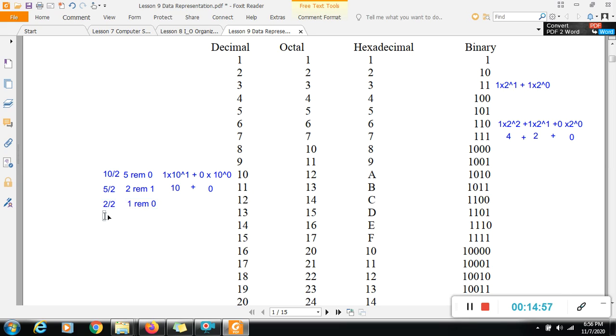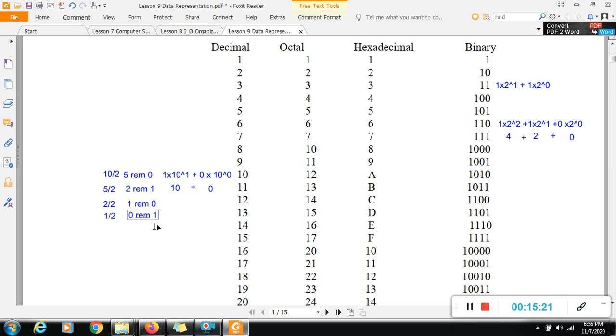It's integer division until we have 0 here. So 1 divided by 2: 2 goes into 1 0 times. If you're not doing integer division, you start putting points, but here we're doing integer division, so remainder 1.